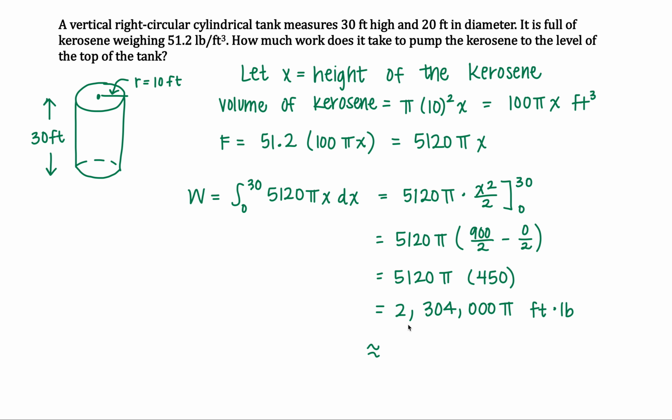So if you were to take 2,304,000 and multiply it by 3.14, you're going to get a slightly different answer than what I'm going to give you here. But again, this is using the pi button on my calculator, and it just goes out to more decimal places. So you end up with 7,238,229.47. And again, it's the foot-pounds.